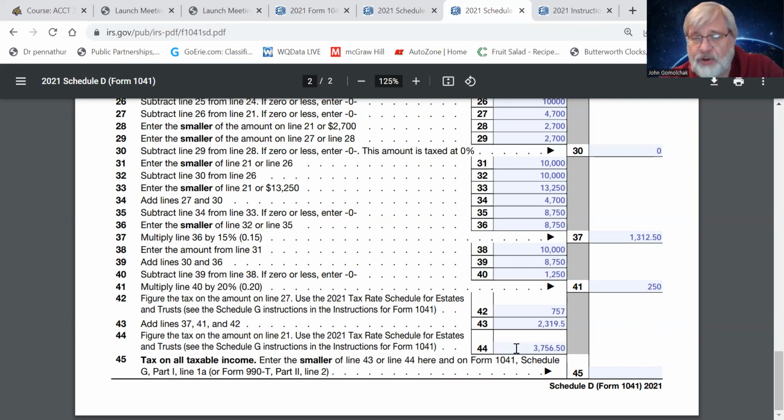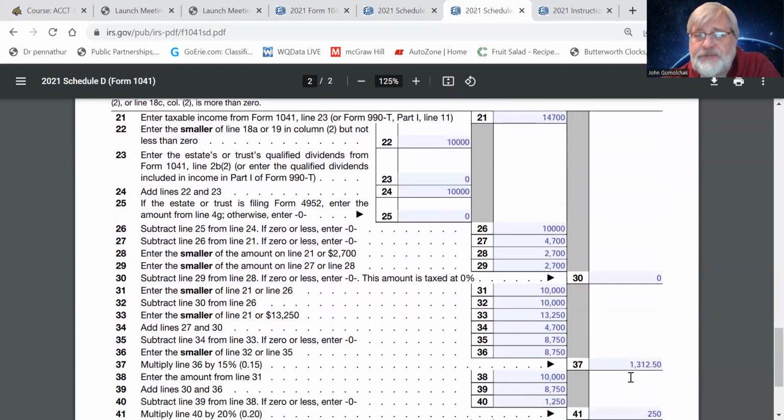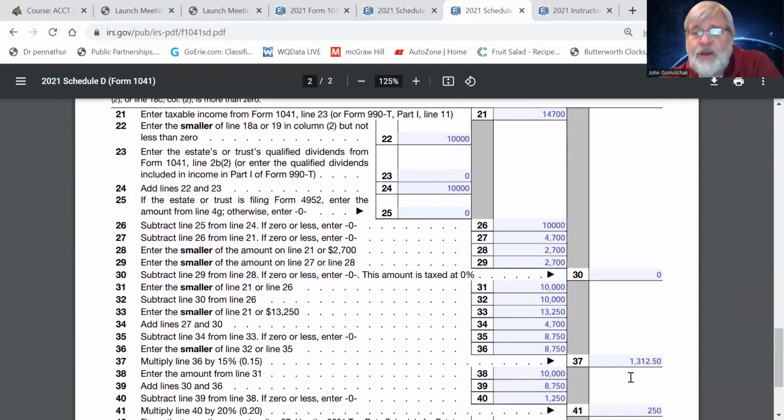So the smaller between line 44 and 43 is the $2,319.50.